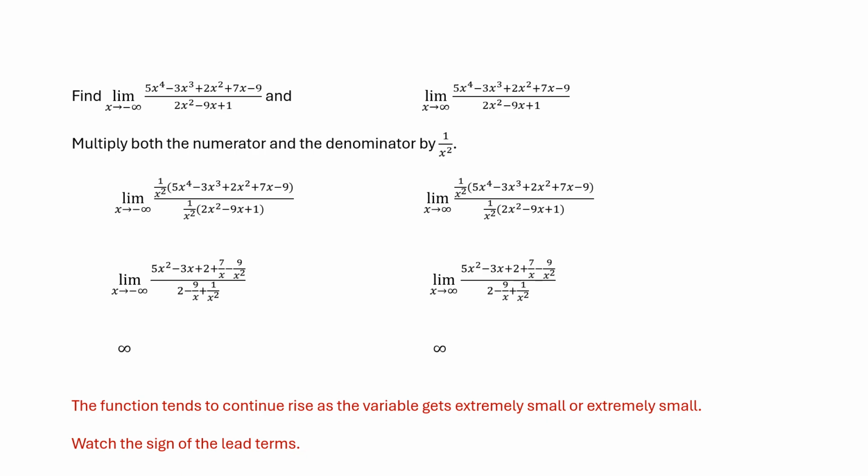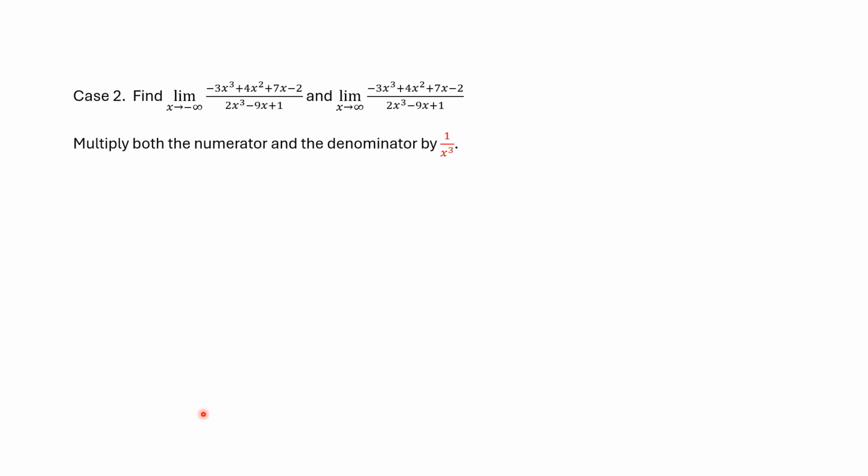Case 2. Here we have a tie, the same exponent. So we're going to divide by 1 over x cubed in this case, since we have negative 3x cubed plus 4x squared plus 7x minus 2 over 2x cubed minus 9x plus 1.